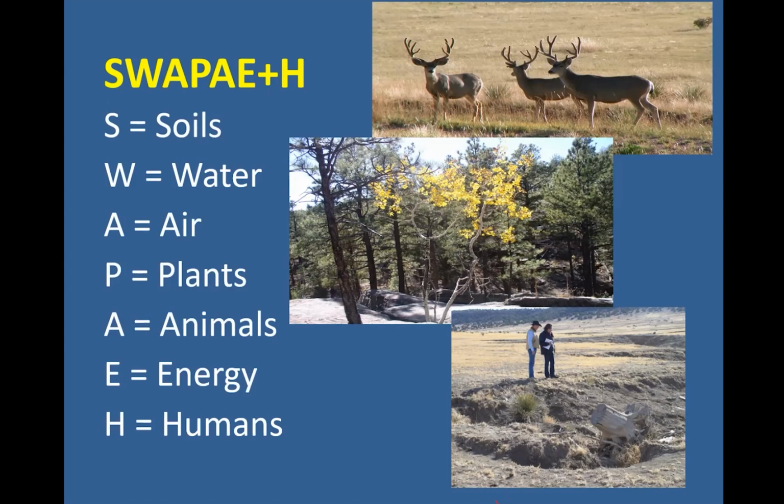So when we're looking at conservation planning, these are all of those factors that we're taking into account. We're looking at it from all of these resources right here, from soil to air to plant to animals. Energy is a new one. And ultimately, it's going to be the human, because that's very important. That human part of conservation planning is NRCS staff working with you as a producer. That's the human element of this to be successful.